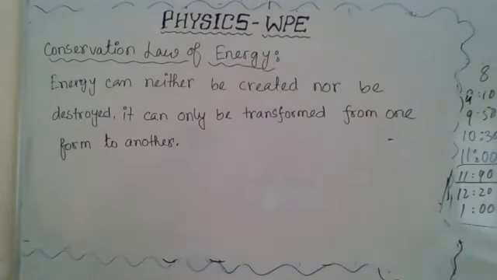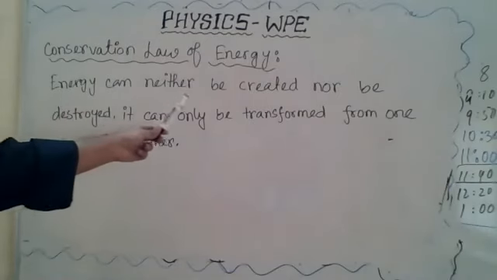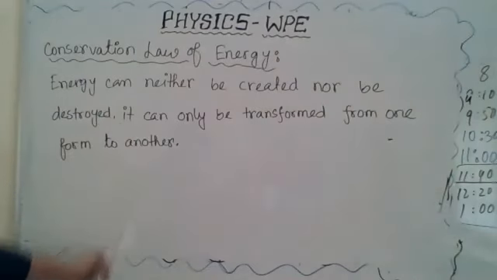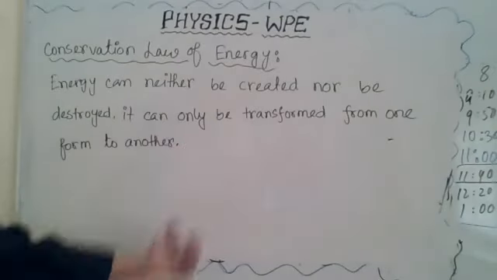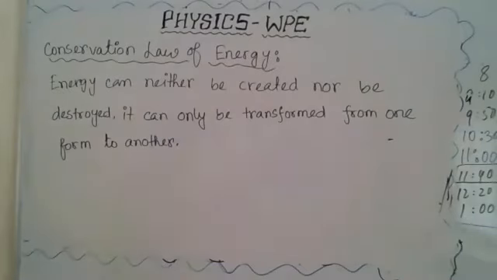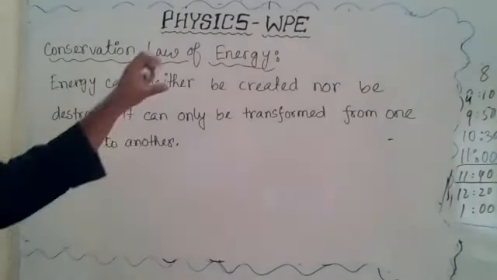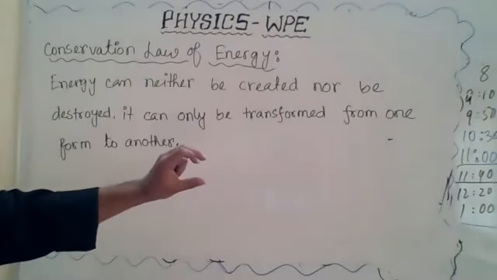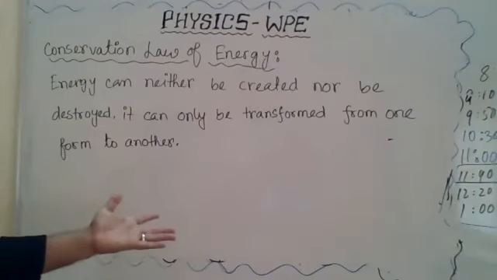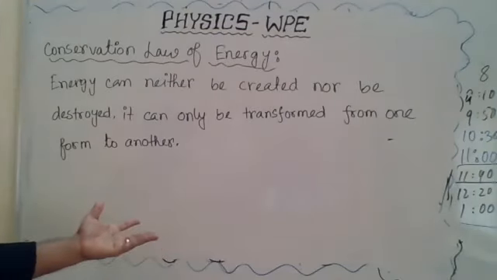I think there is no need to explain this one. As I already told you, energy can neither be created nor be destroyed. It can only be transformed from one form to another. As you saw previously, we were solving an example where the body fell on the spring. When the body was falling, it had some kinetic energy, and when it fell on the spring and became static, the velocity is 0, so the kinetic energy is also gone. Can you say the kinetic energy has been destroyed?